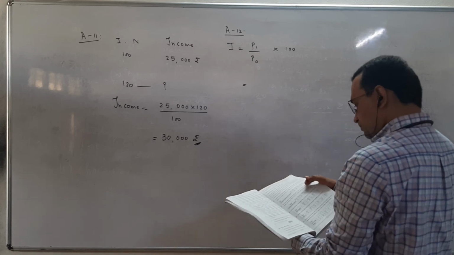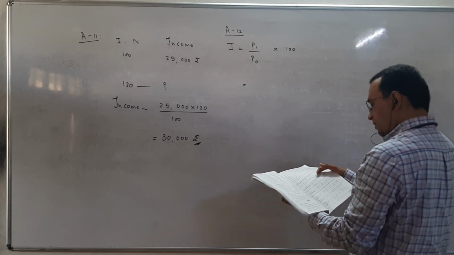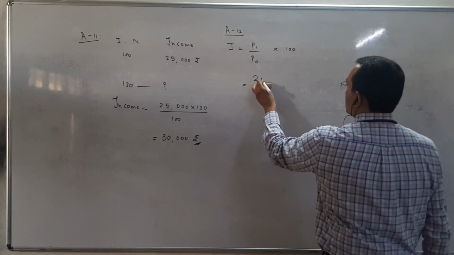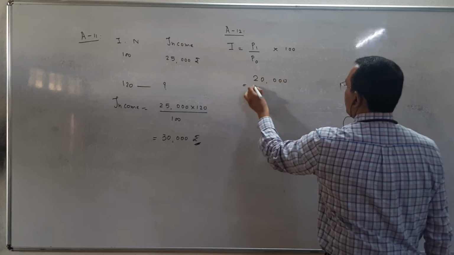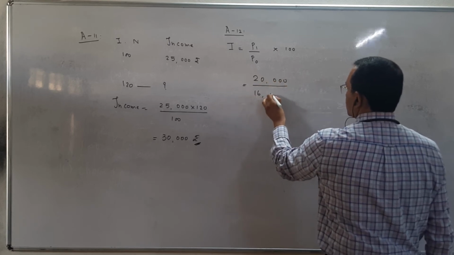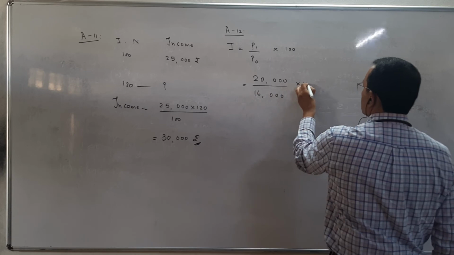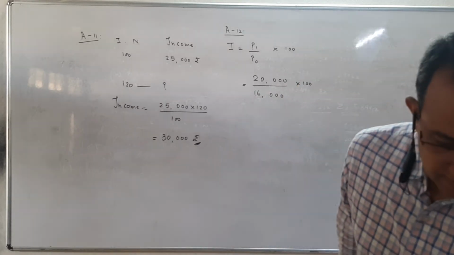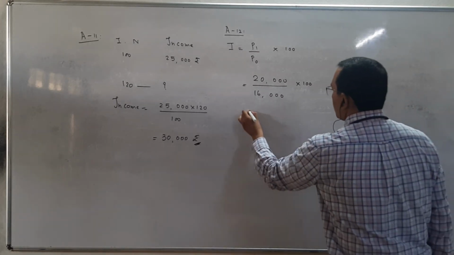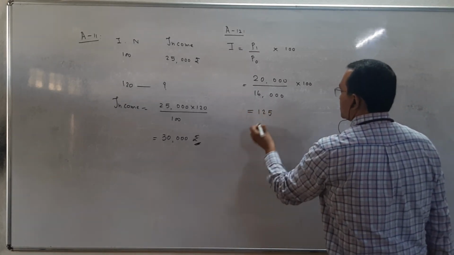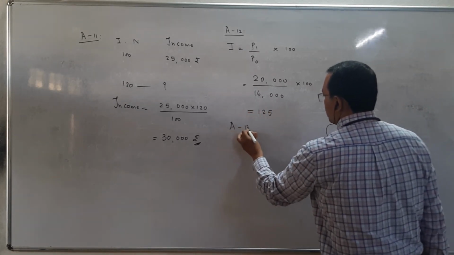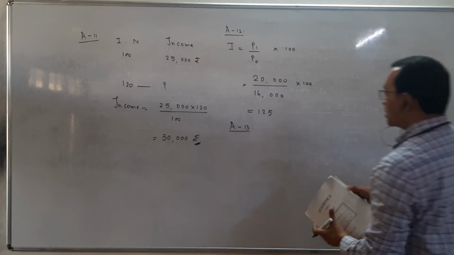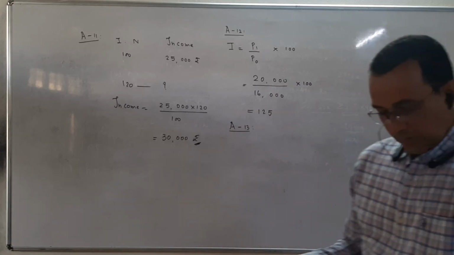Current year's income was 20,000 rupees. Base year's income is 16,000 rupees into 100. And simplifying this, it turns out to be 125. So this is, students, the index number for the current year.